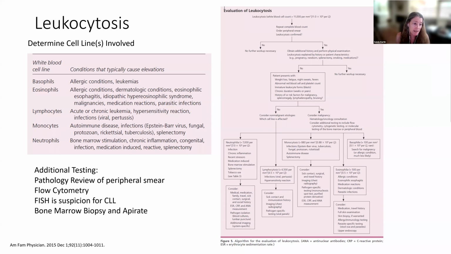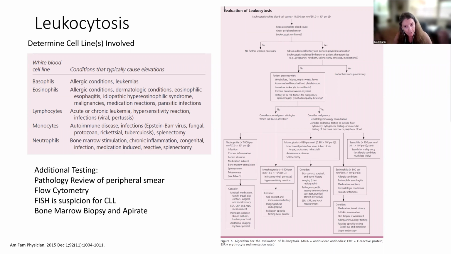So the granulocytes, basophils, eosinophils, monocytes, and neutrophils can be elevated for a number of reasons that you see here. Lymphocytes similarly can be reactive in the setting of acute or chronic infections, but also can be elevated in leukemias or other malignancies.